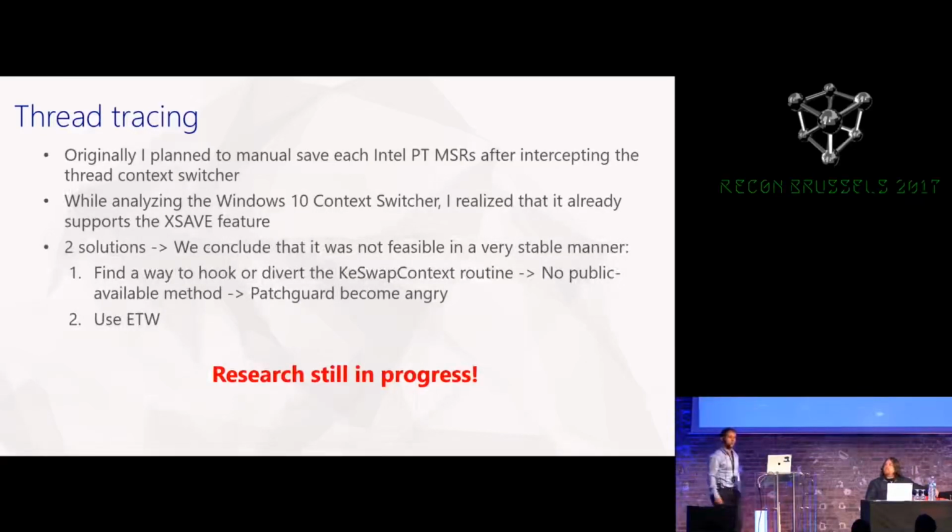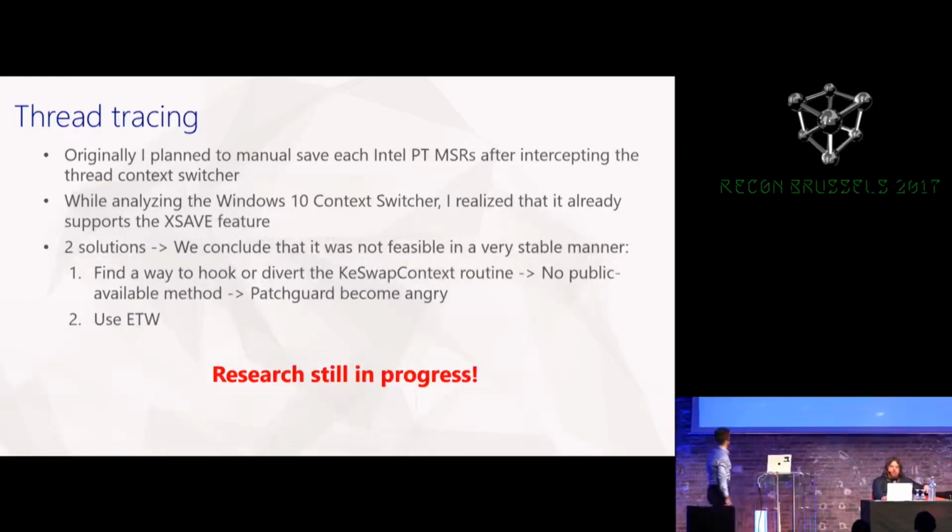That is the kernel mode routine that Windows uses to perform the context switch from one thread to another. If we are able to intercept this, we can save all the model-specific registers belonging to processor trace directly in an area, and then restore them later. In that way, we can implement tracing by thread, from a completely software point of view.